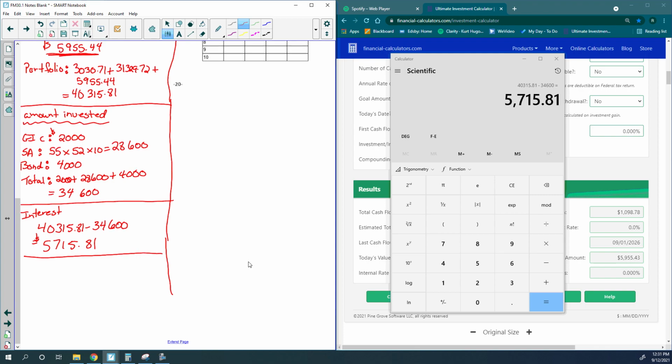So now to finish this part, we have to do his rate of return. His rate of return is equal to the interest divided by the principal times 100.